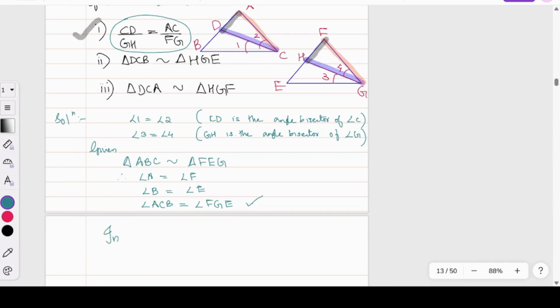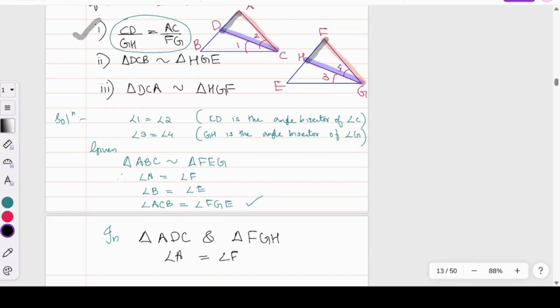In triangle ADC and triangle FGH, what all things can I prove here? I can tell that angle A equal to angle F, right?